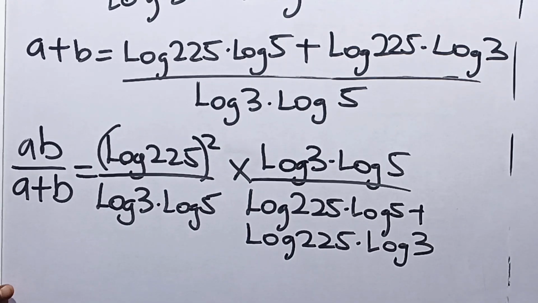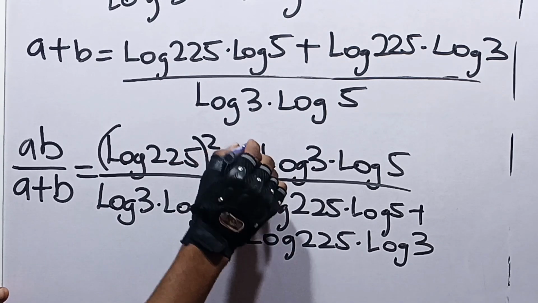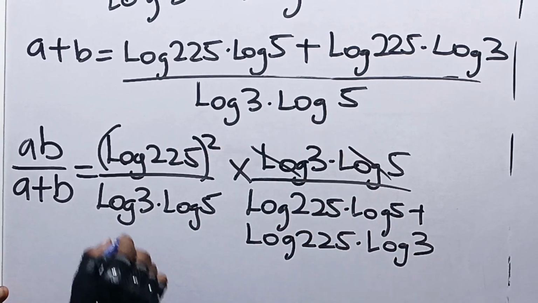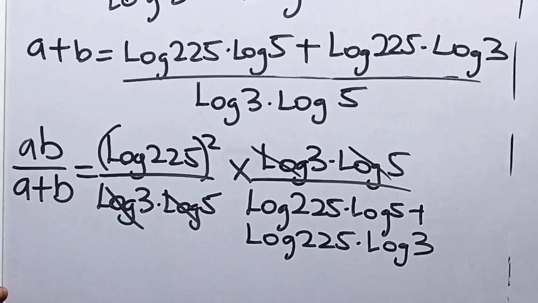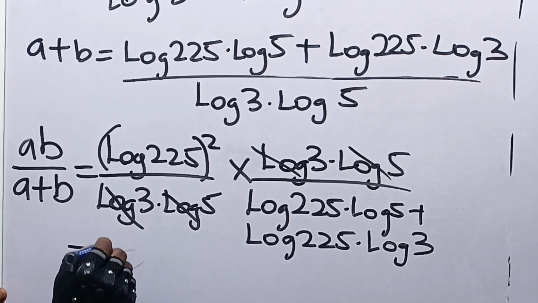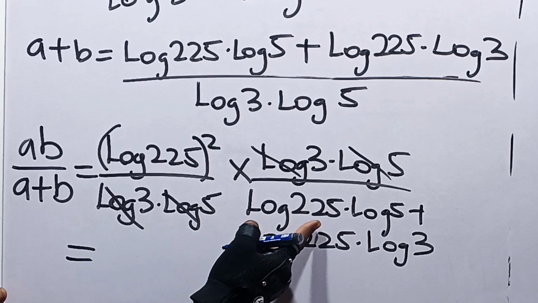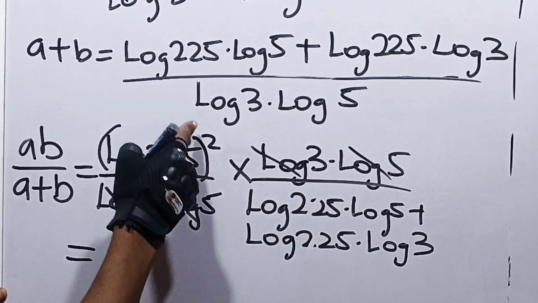Now at this point you can see that log of 3 times log of 5 cancels log of 3 times log of 5. So we are now left with log of 225 squared. Now this becomes equal to log of 225 squared, which can cancel out here and take one of these log of 225.